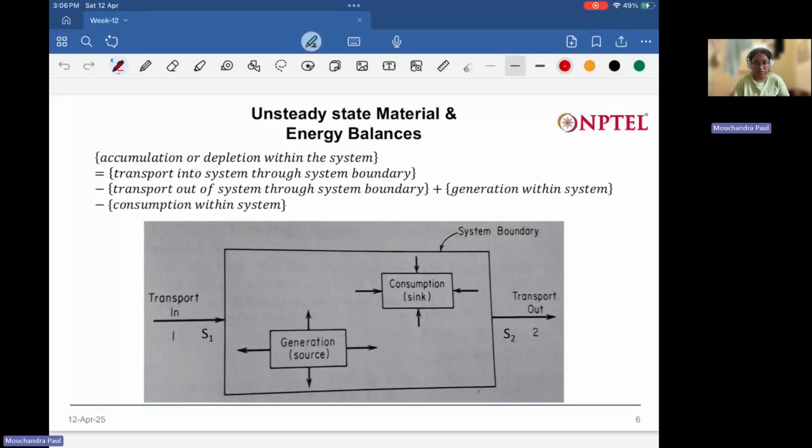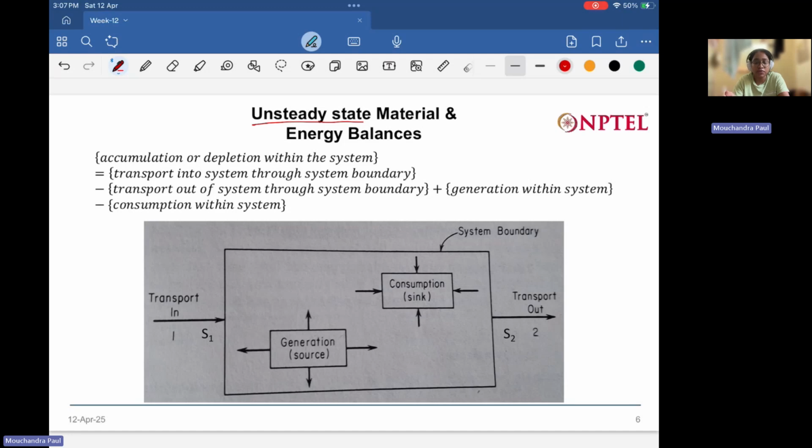When we think about unsteady state, it means that time is not constant here. So far, we have been doing the material and energy balances under steady state conditions, meaning that with time the properties are not changing, they are constant, which is why we consider the accumulation and depletion term in the overall material balance equation to be zero.